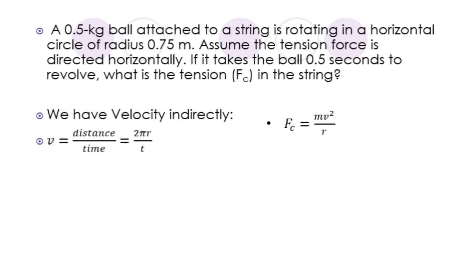So in order to get velocity, which is distance over time, we'll get the circumference, which is 2 pi r, and divide that by t, which is the time in seconds. So this gives us about 9.4. r is 0.75 and the time is 0.5, so you just plug it in the equation.